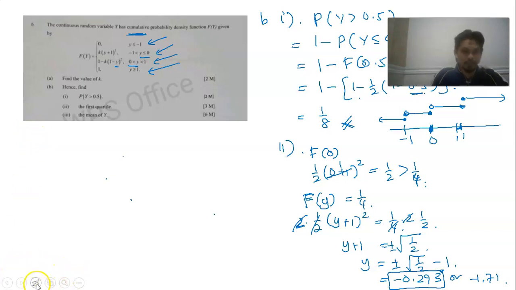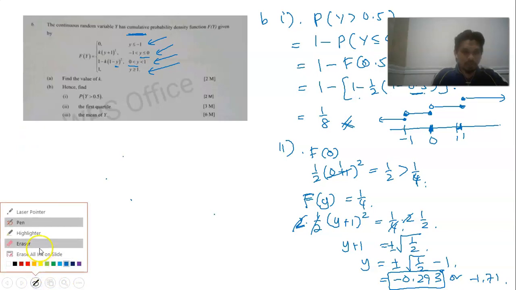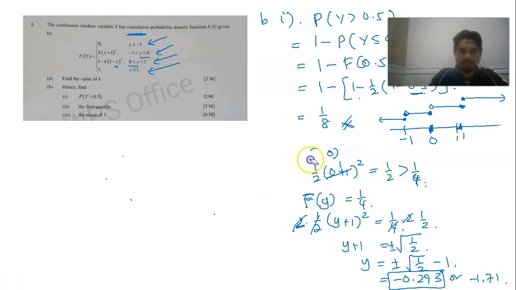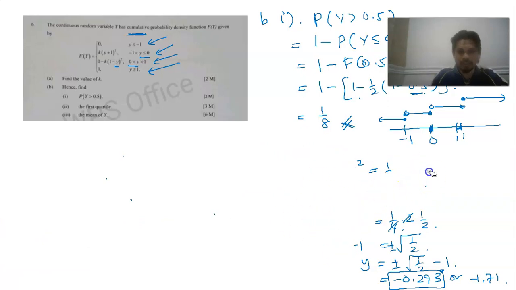For this question, it takes quite long to recall the solution and discussion. Never mind, I clear all this first.